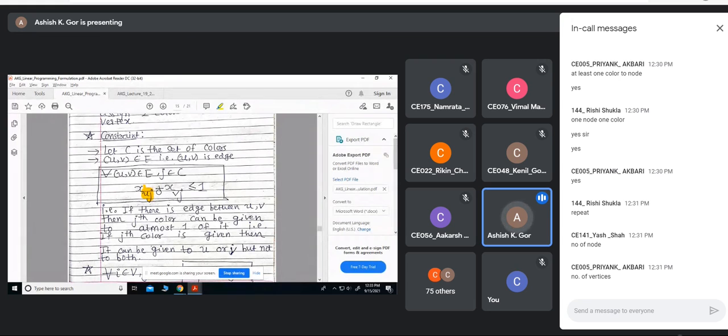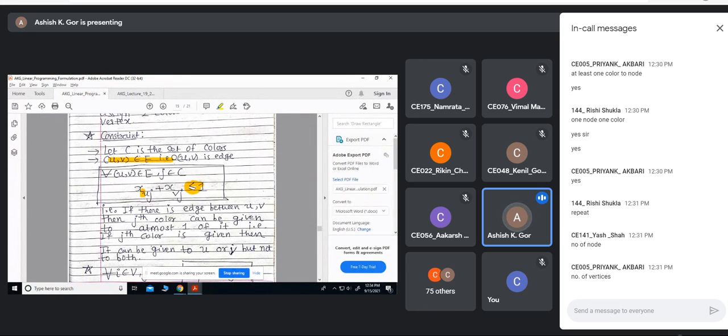If U is assigned a color J, what is the corresponding variable? XUJ. Node number U given a color J. The variable is XUJ. It can take either 1 or 0. Same way, node number V has XVJ, that can take 1 or 0. If you add them, you should get a maximum of 1 because U and V are associated by an edge.